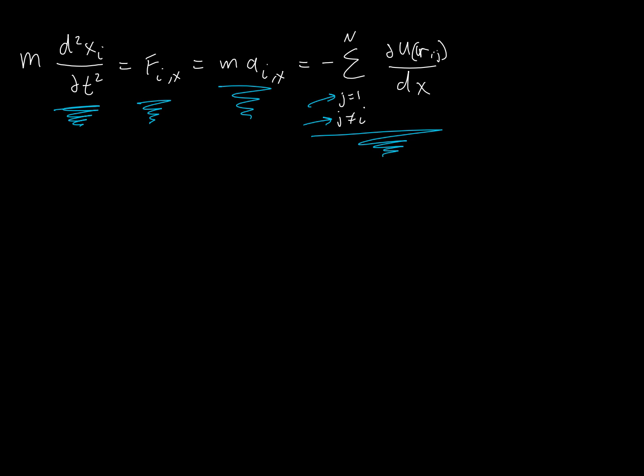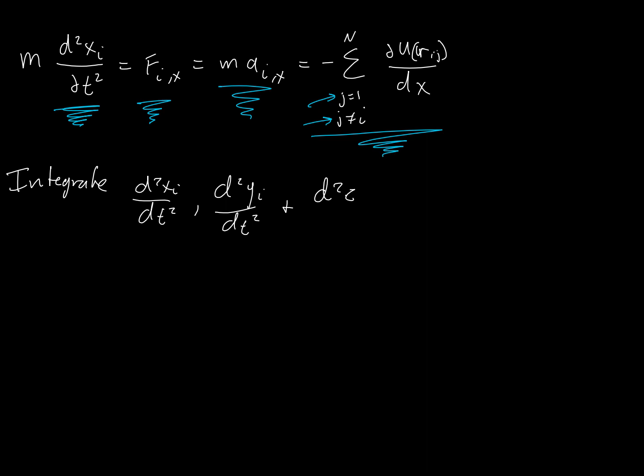So the general idea is that we will do this procedure for x, y, and z dimensions. You will then integrate all of these expressions. So we are going to be solving for delta x of i, delta y, delta z.